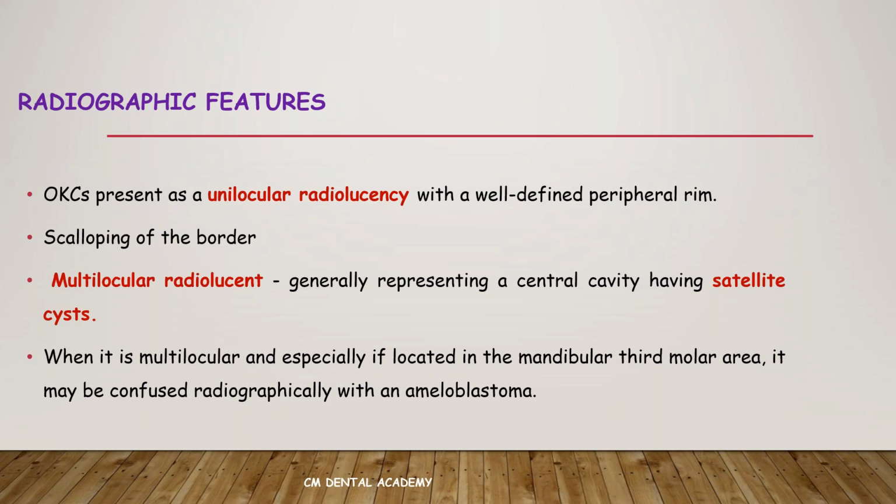When it is multilocular, and especially if located in the mandibular third molar area, it may be confused radiographically with ameloblastoma, because ameloblastoma occurs most commonly in the posterior mandible with the radiographic feature of multilocularity.